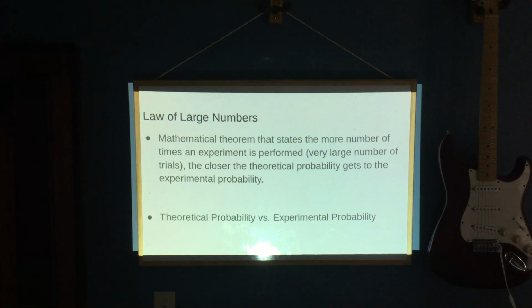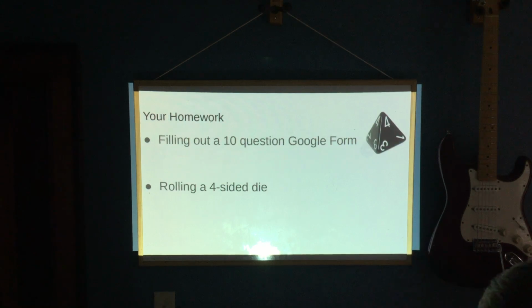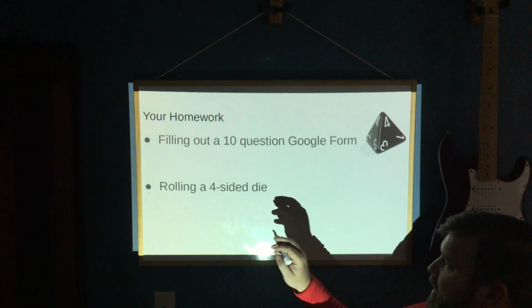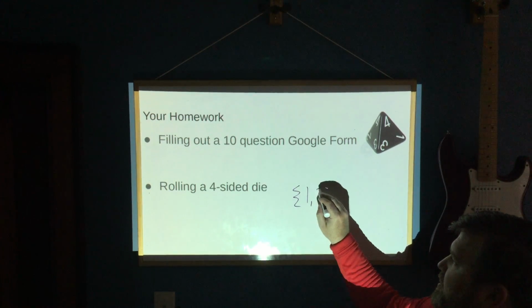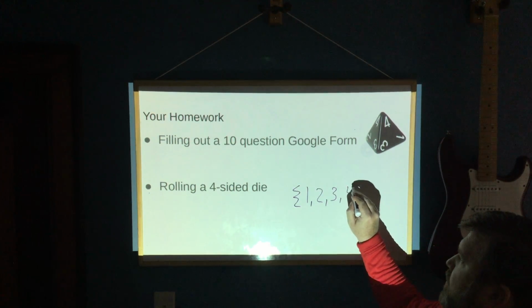So here's what we're going to do for your homework. You're going to look at something called a four-sided die. They exist. They're in the shape of a triangular pyramid. If we looked at the sample space for rolling a four-sided die, it should just be the set containing 1, 2, 3, and 4.